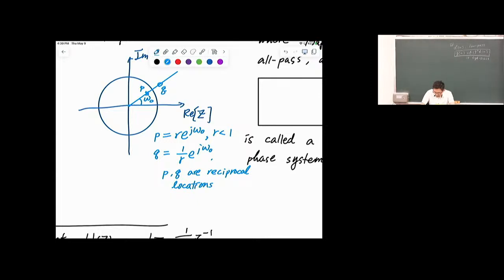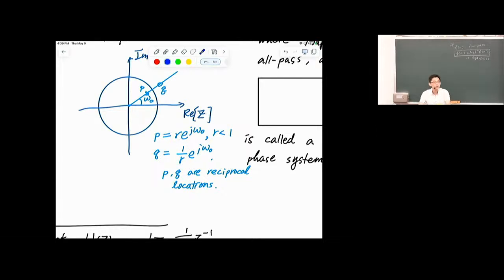That's how we refer to this property. Same angle, but the inside and the outside radius, when we multiply the two distances, they become 1. So the radii r and 1 over r are reciprocal to each other.